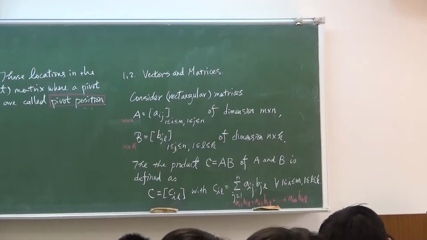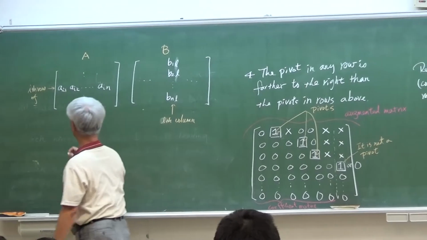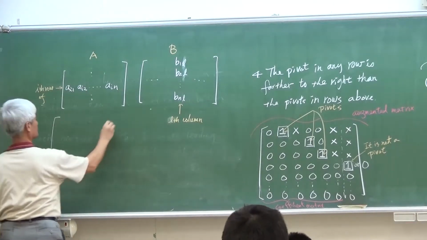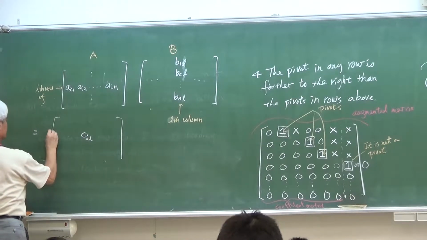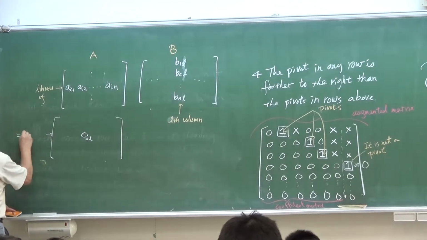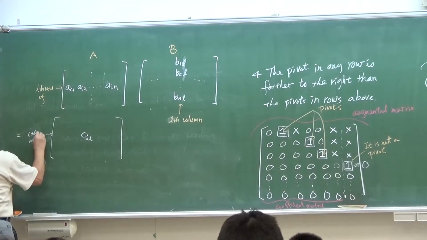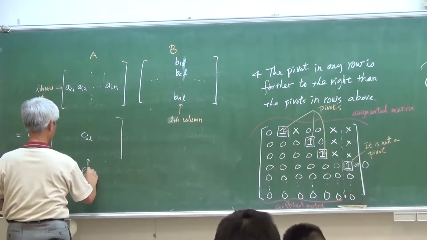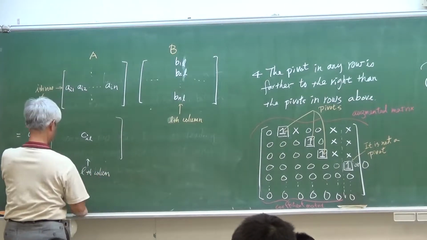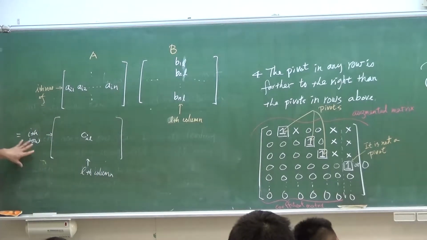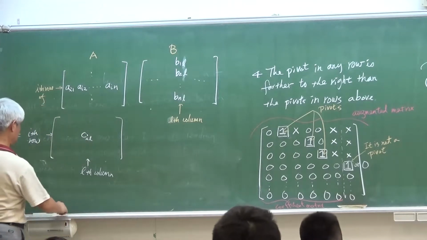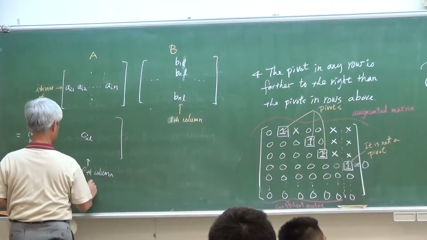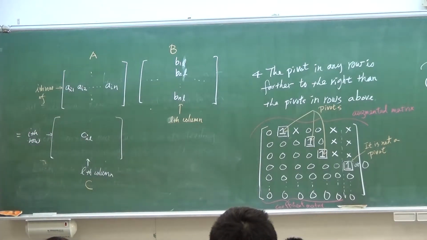So this is A and B, and you get the l-th column, the i-th row, so you have these entries. Is that okay?